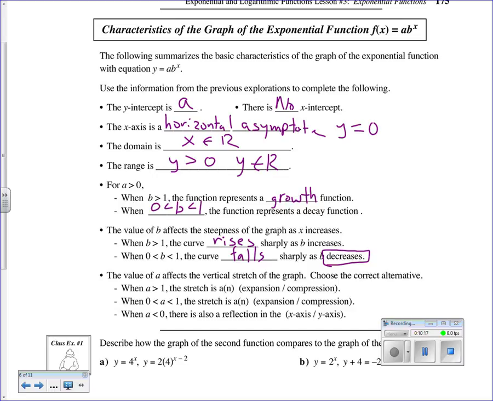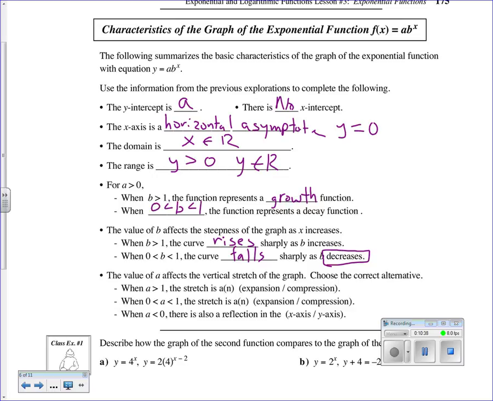If b is greater than 0, we have a growth function. If b is between 0 and 1, we have a decay function. When b is greater than 1, the curve rises as b goes up. When b is between 0 and 1, the curve falls sharply as b decreases. And then we've got the effect of a.